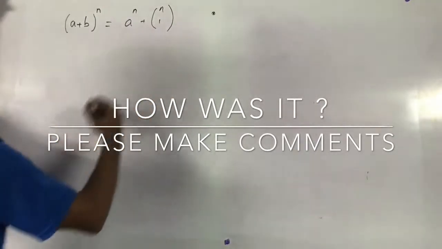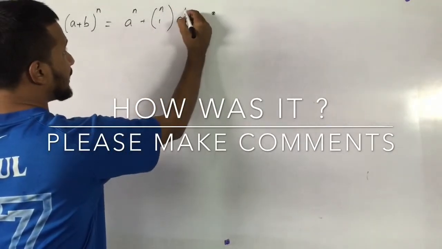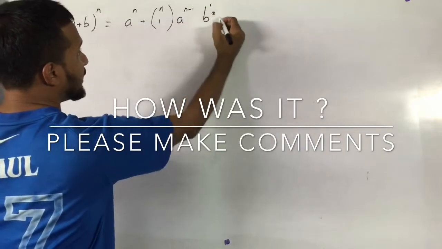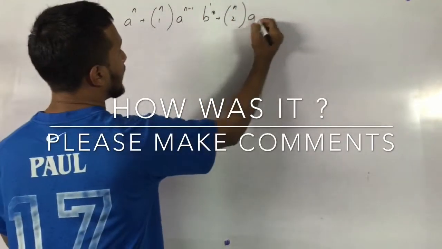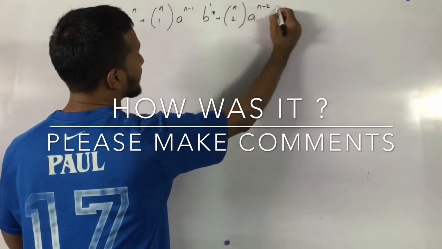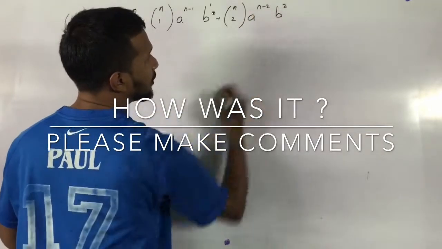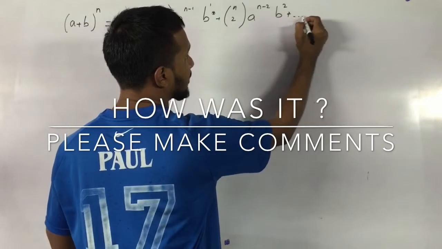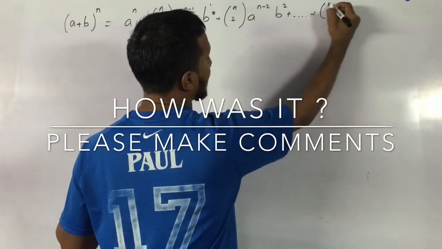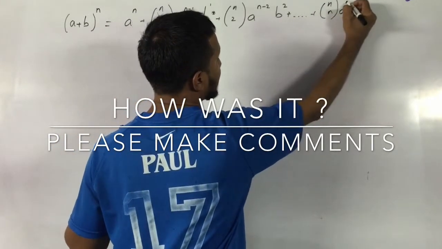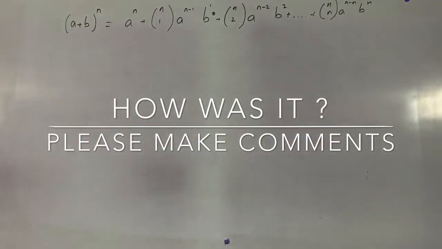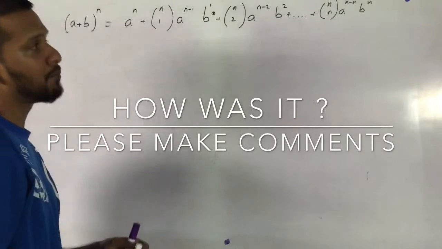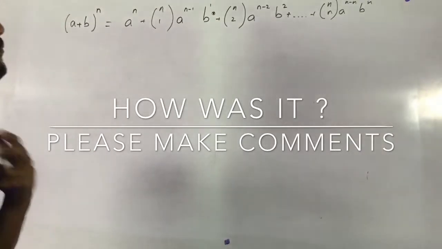We know about this now, by A to the n minus 1, B to the 1, plus nC2, A to the n minus 2, B to the 2, plus nCn, A to the n minus n, B to the n. Or we could just leave this out, as you will see in some examples.